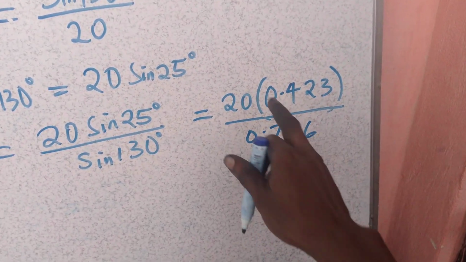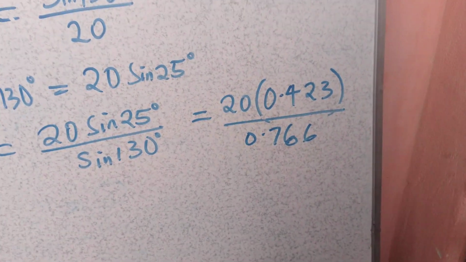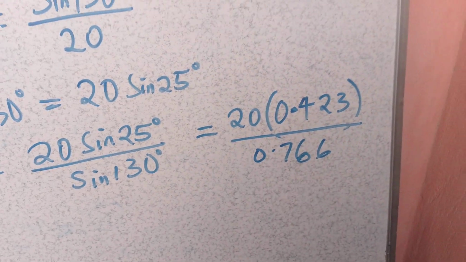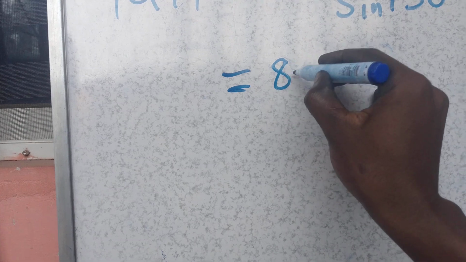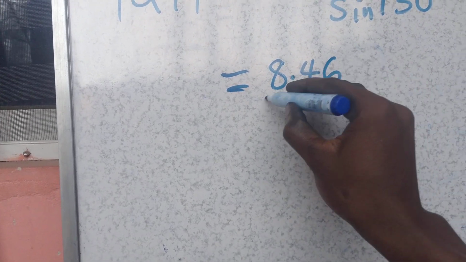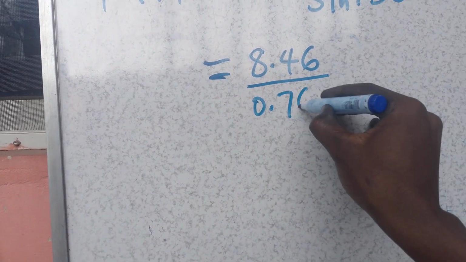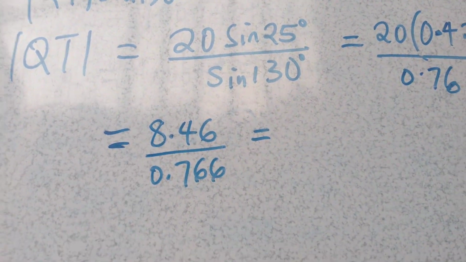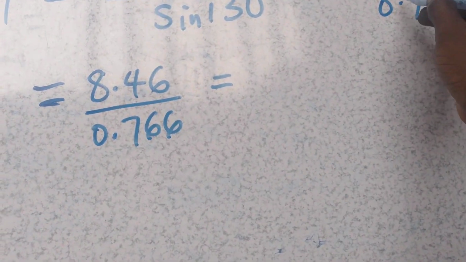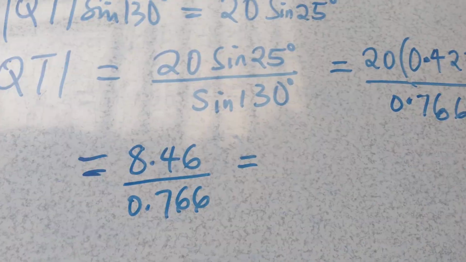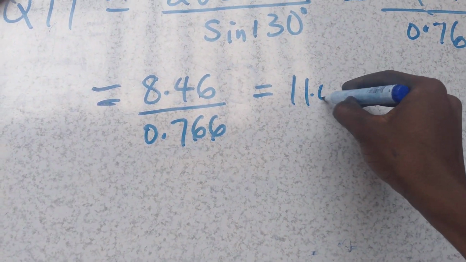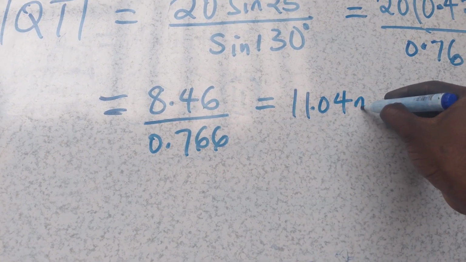So 20 times 0.423 will be 8.46, divided by 0.766, and the value there is 11.04 meters.